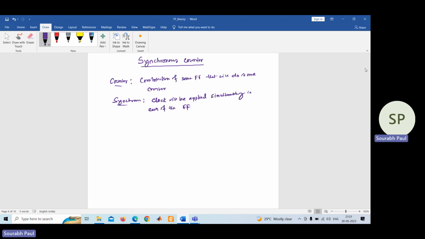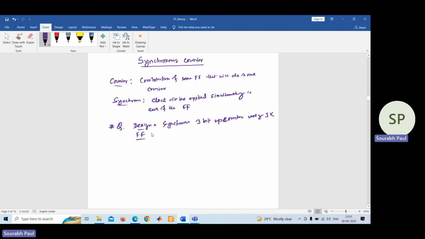In this lecture, I'll show what steps you need to follow to design a synchronous counter. For example, we can take this particular problem. Suppose the question given is: design a synchronous 3-bit up counter using JK flip-flop.